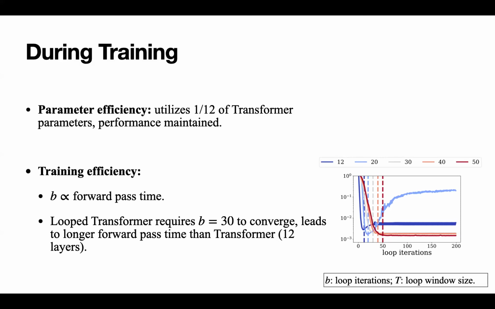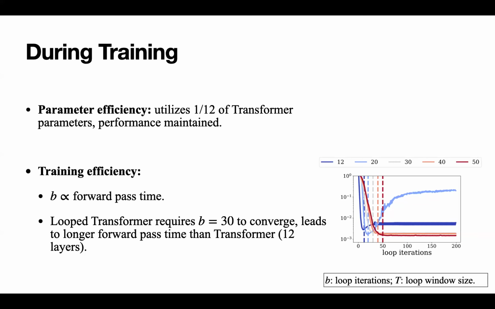And here is a figure we have in the paper for the linear regression. It shows the B during training versus the performance of the different B's during inference. We can see that for linear regression, if we set B equal to 12, which is like the vanilla transformers from previous work, it may find a fixed point solution, but not a very good one. For 20, it will shoot up to some random solutions.